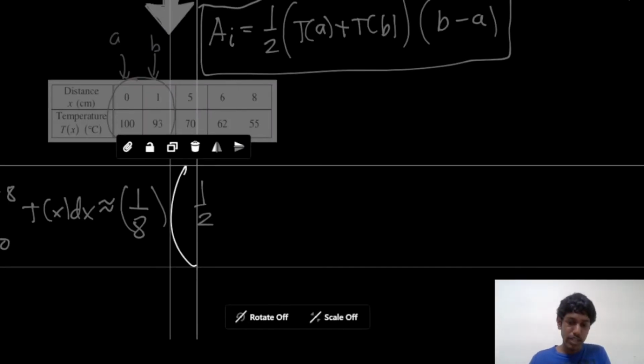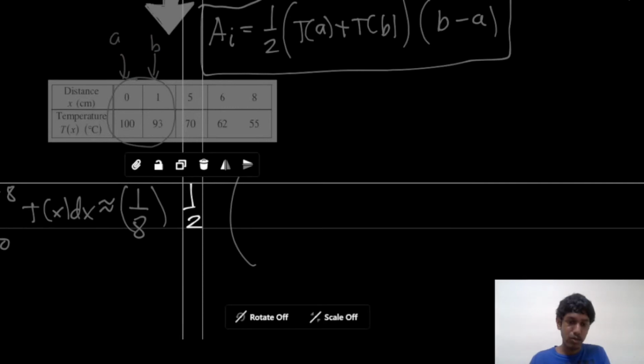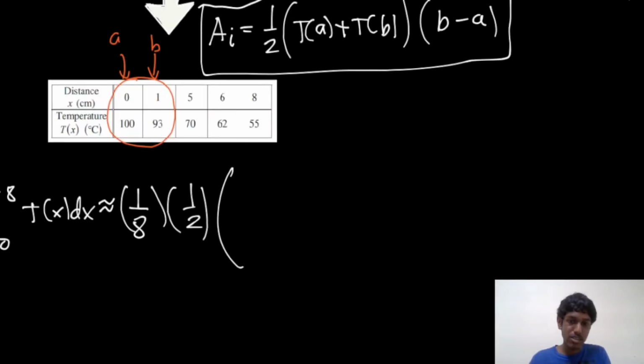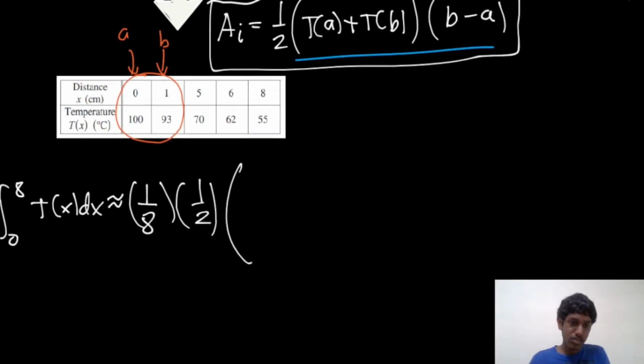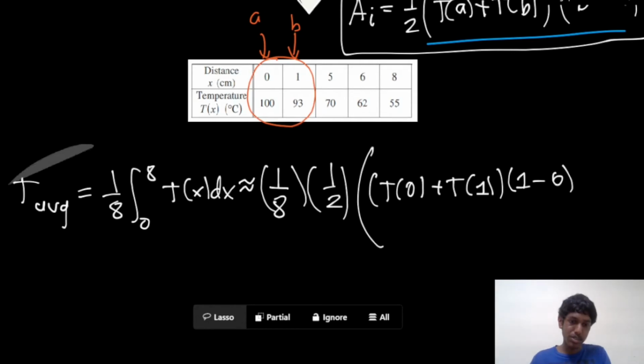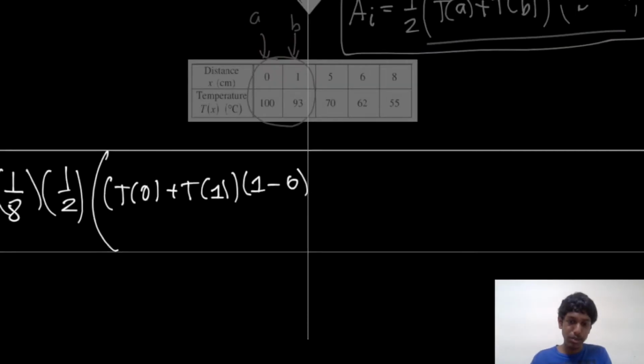So you would actually get 1/8 times 1/2, and then all you have to write down in the parentheses is just this blue part. So we end up having t of 0 plus t of 1, that's t of a plus t of b, and then b minus a is 1 minus 0. And then we just do this a bunch of times, so we keep on adding.